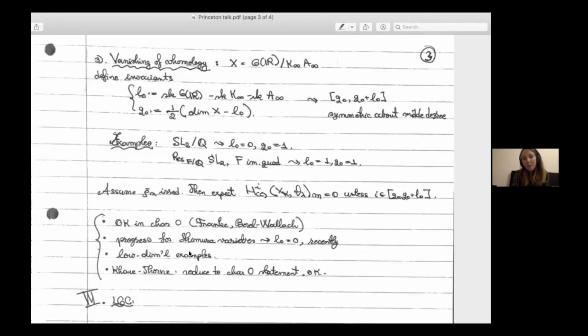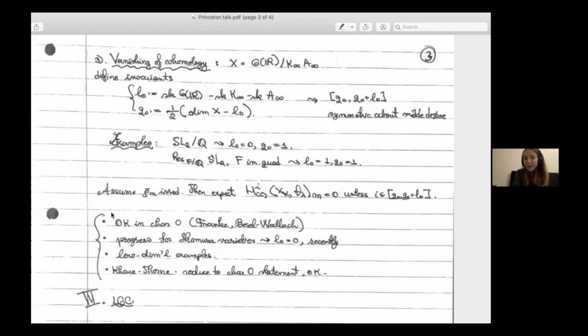Okay, and then the final thing to say is that there was another great insight of Khare and Thorne. They noticed that when you want to apply the Caligari-Garrity method to prove some sort of modularity lifting result, but you already have an automorphic point in characteristic 0, not just a torsion class, then in fact it's enough to know this vanishing conjecture in characteristic 0.